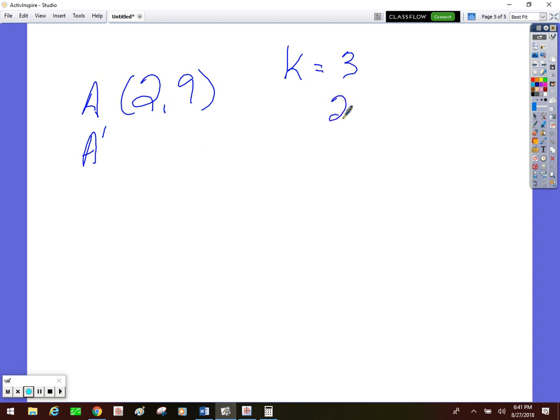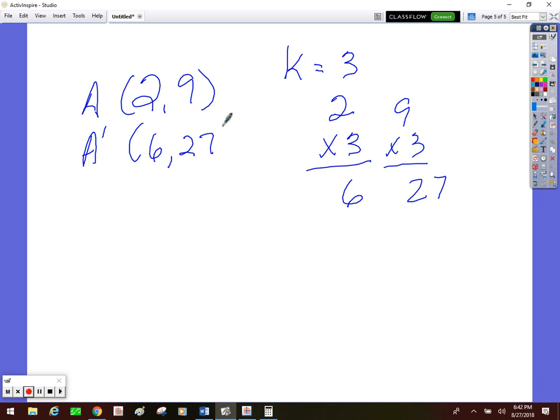But all I'm doing is taking the x coordinate multiplying it by 3. So 2 is going to become 6. And then taking the y coordinate, multiplying it by 3, which gives me 27. Okay? So they're just getting bigger based off of that scale factor. Okay? And notice scale factor means to multiply.